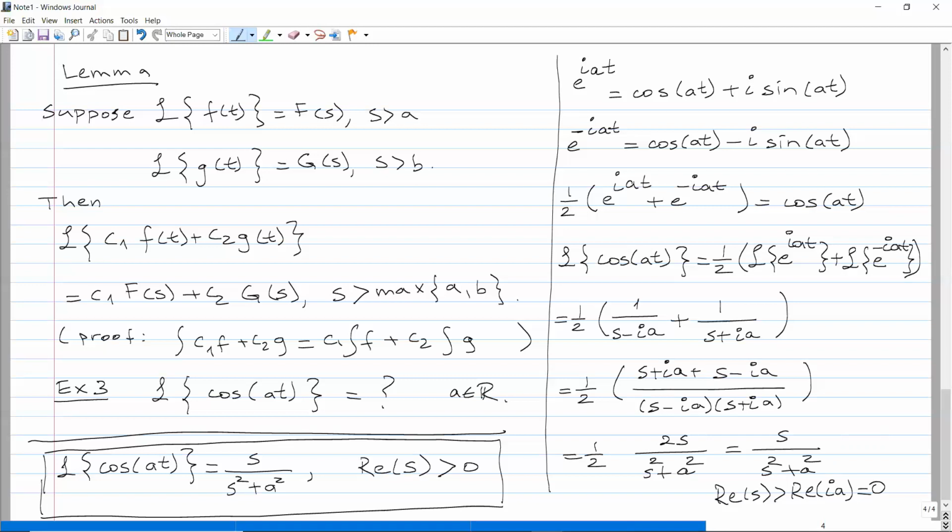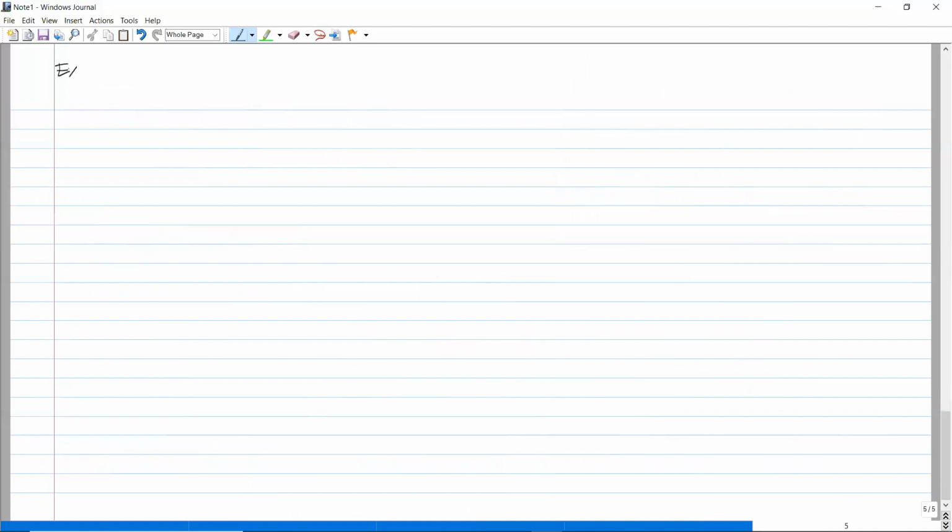Similarly, of course, we can also get the Laplace transform of sine, because when you add e to the iat and e to the minus iat, you get the cosine. So if you look at the difference, you will get the sine function. So as the next example, the Laplace transform of sine at. Again, a is a real number.